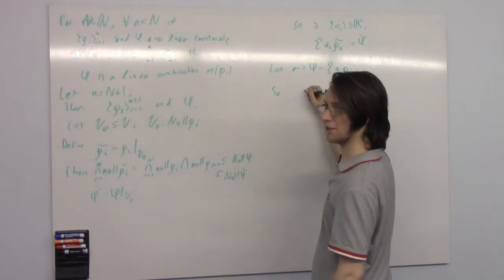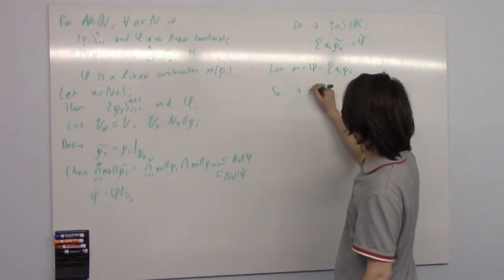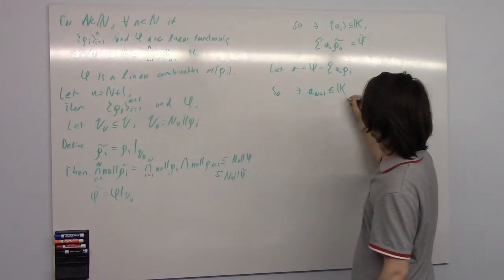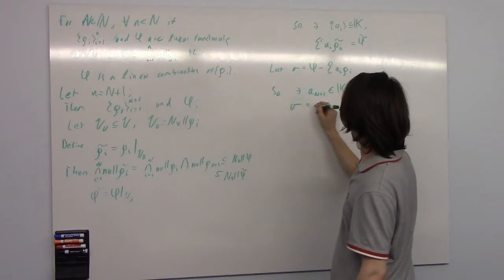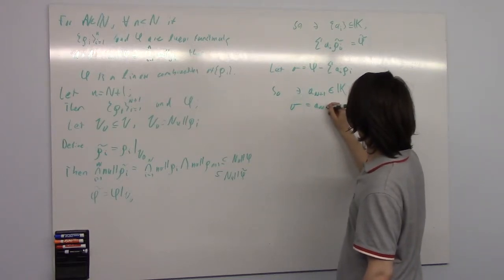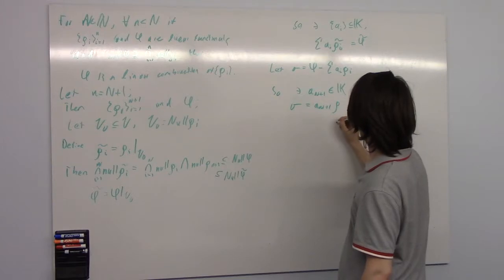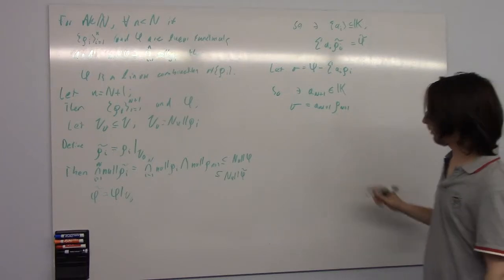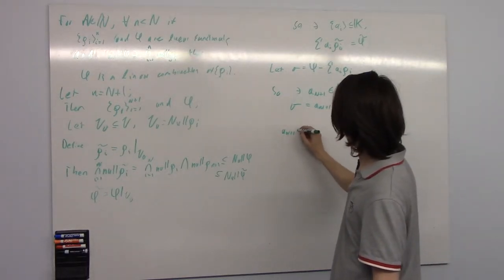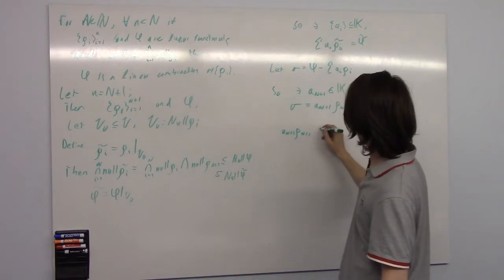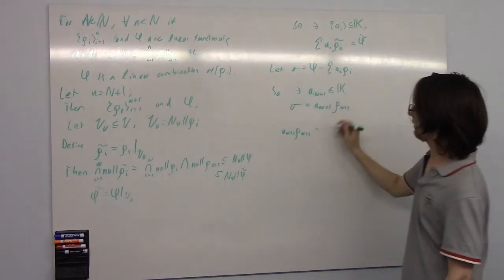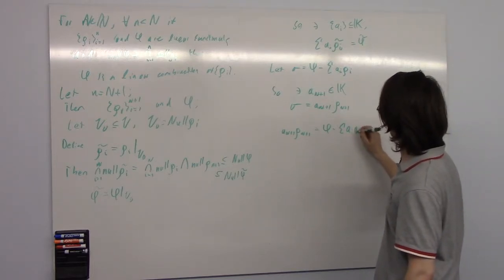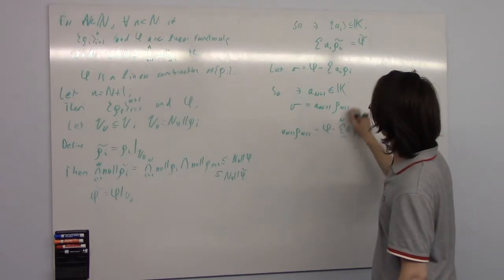So there exists some a_(n+1) in K, where sigma equals a_(n+1) rho_(n+1). Now let's write this: a_(n+1) rho_(n+1) equals, well, sigma is phi minus the sum a_i rho_i, i equal 1 to n.